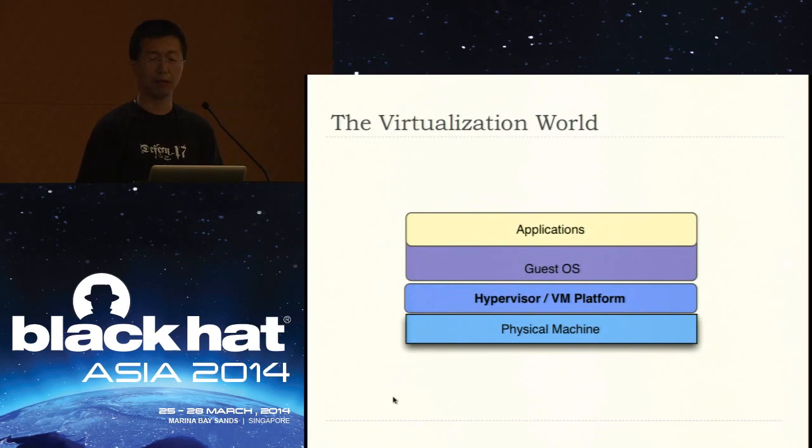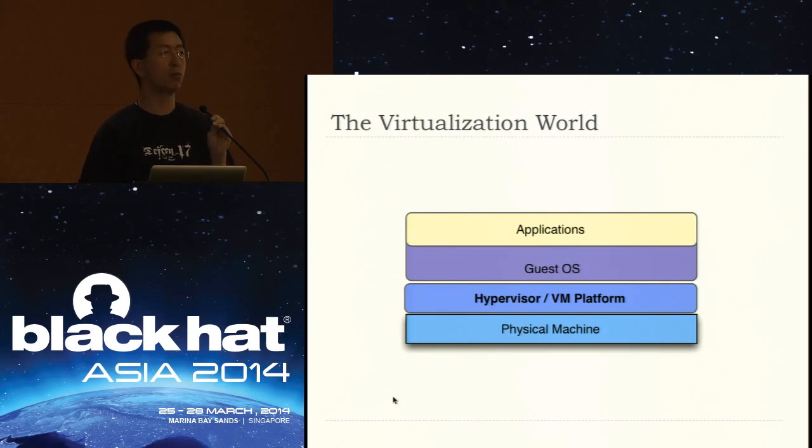Now, one thing I want to clarify about the hypervisor part is that the hypervisor actually comes in multiple modes. Actually, I hear an echo here. Can you guys hear me clearly? Okay, great. So in terms of hypervisor, there are really at least two different modes. One is sometimes you can have a piece of software running directly on top of this physical machine, and all this hypervisor does is just to manage VMs.